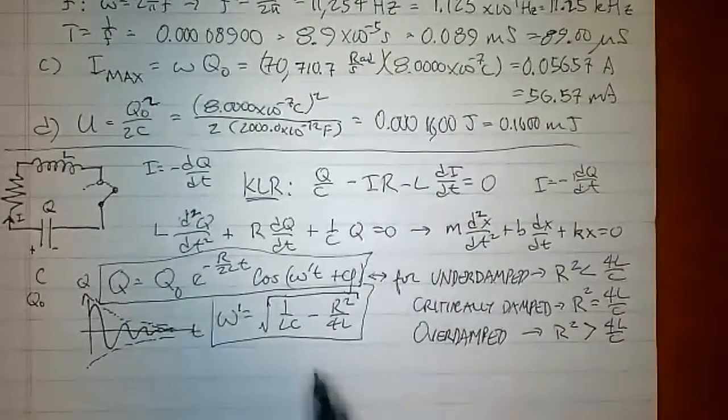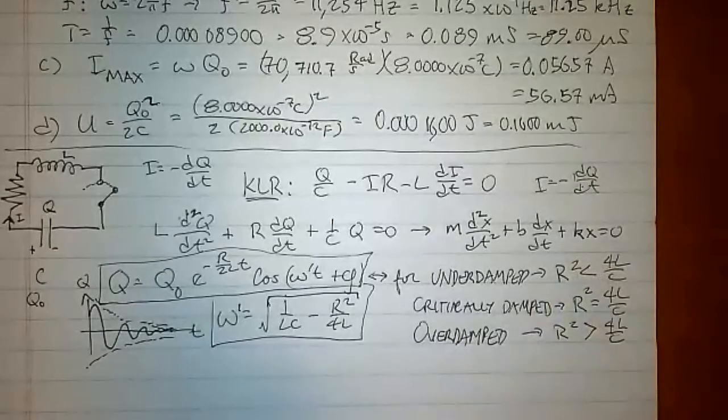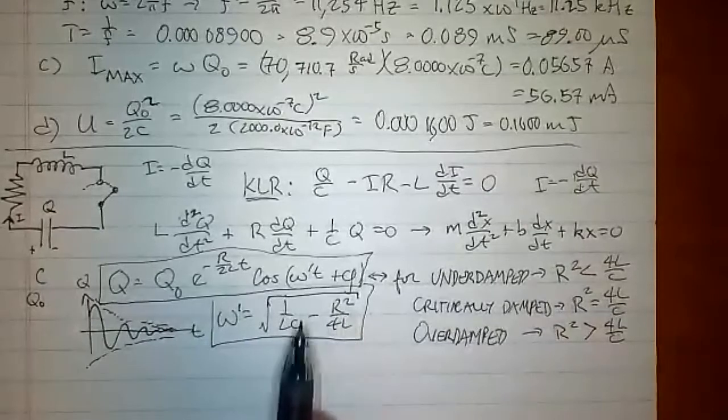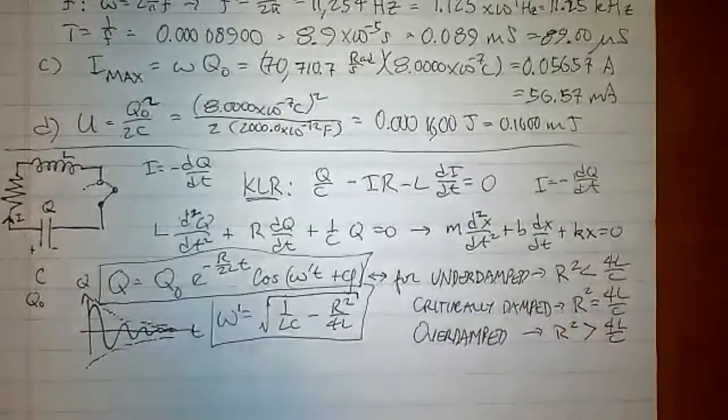You'll know about R, L, and C, so you can make sure R squared is in fact less than 4L over C, so that you do in fact get a negative under the square root, which is what has to happen for you to get this cosine term.